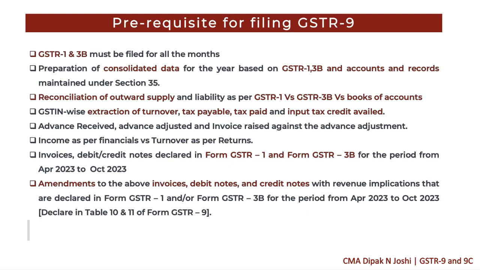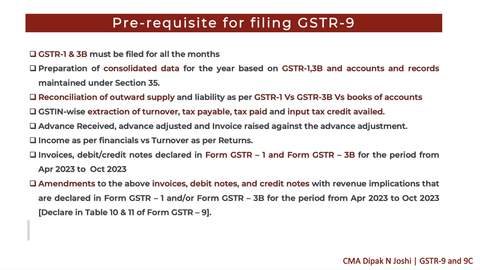So particularly in those cases where a registered person has operations in more than one state, or within the same state but has two GST registration numbers, extraction or segregation of turnover, tax payable, tax paid, and input tax credit availed is very important.